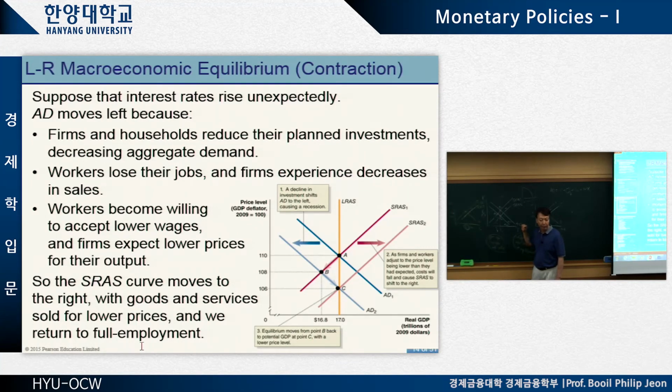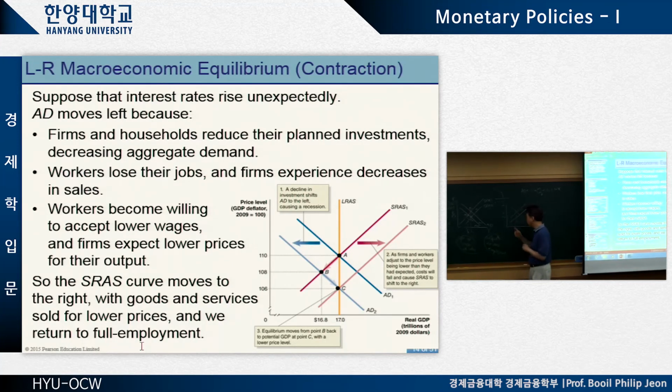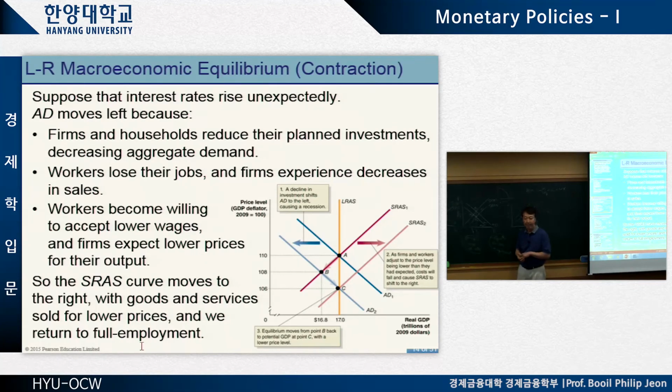So the economy will adjust. The idea here is initially the starting point was this. Interest rate went up, and as a result, aggregate demand shifted back. So initially, the economy would go down, right?